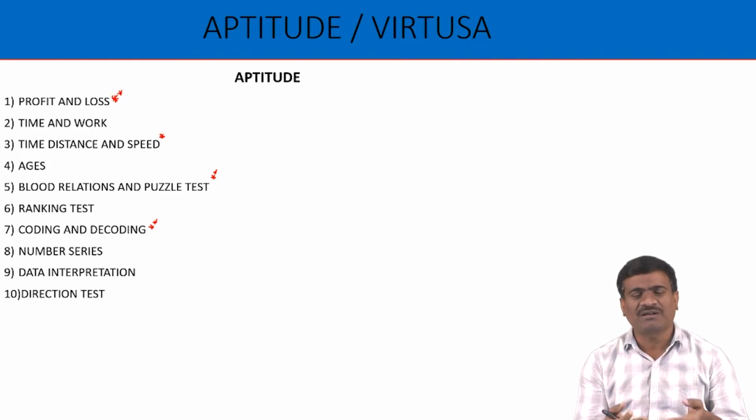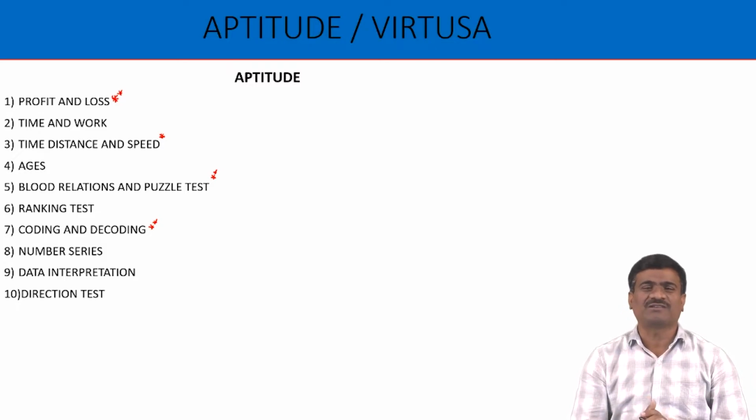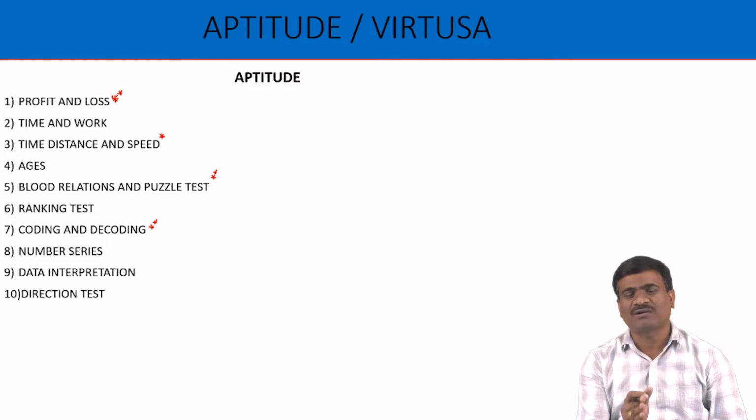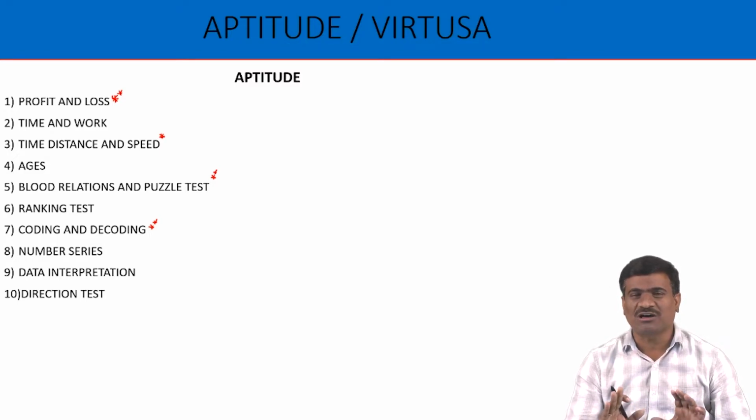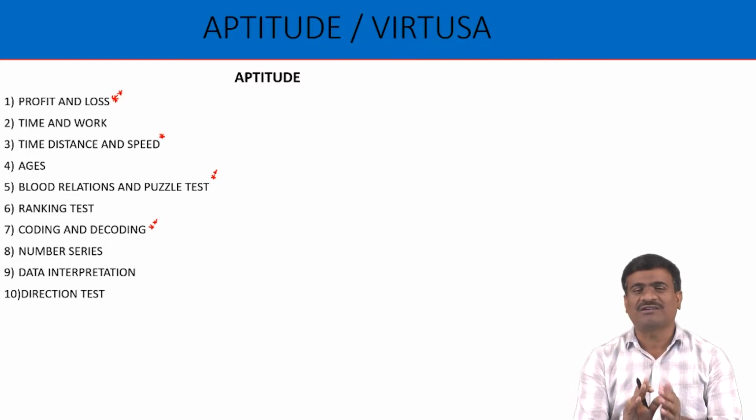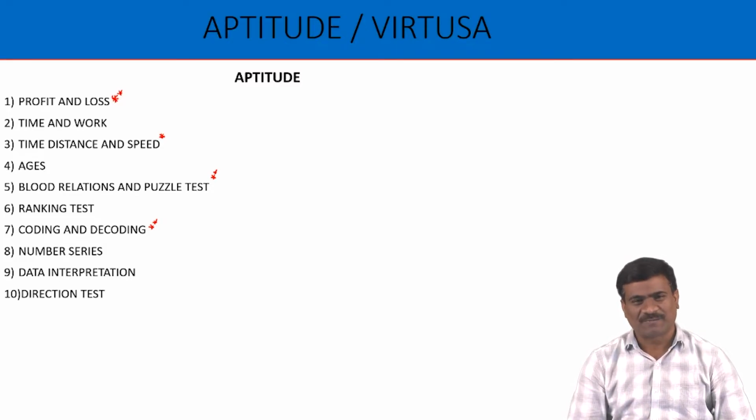Similarly, d1 by t1 is equal to d2 by t2 when speed is constant. Next, conversions are also important. Either convert into kilometer per hour or convert into meter per second. These types of questions belong to basics in time, distance and speed.